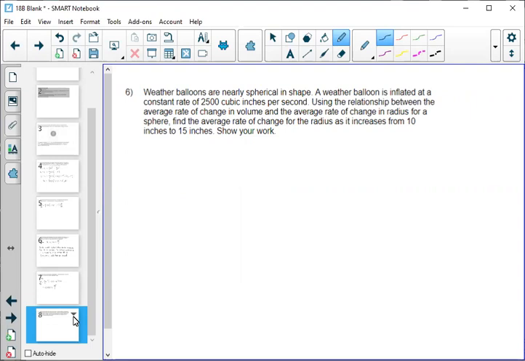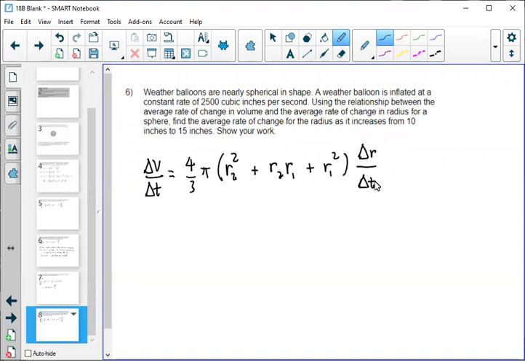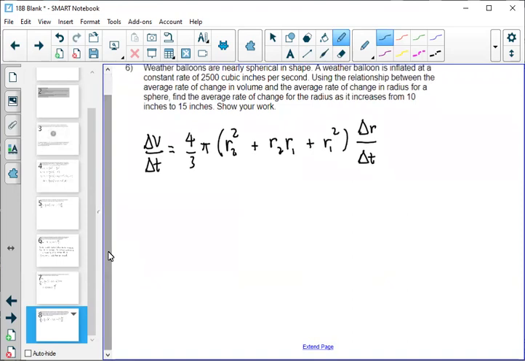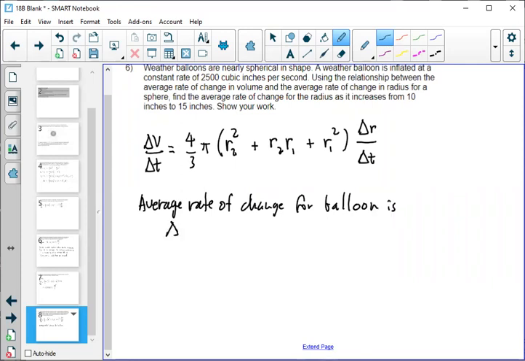Okay. So we know from question 5, we have delta V over delta T is equal to 4/3 pi, R2 squared plus R2 times R1 plus R sub 1 squared, times delta R over delta T. Here, we know the average rate of change for the balloon, delta V over delta T, is 2,500 cubic feet per second.